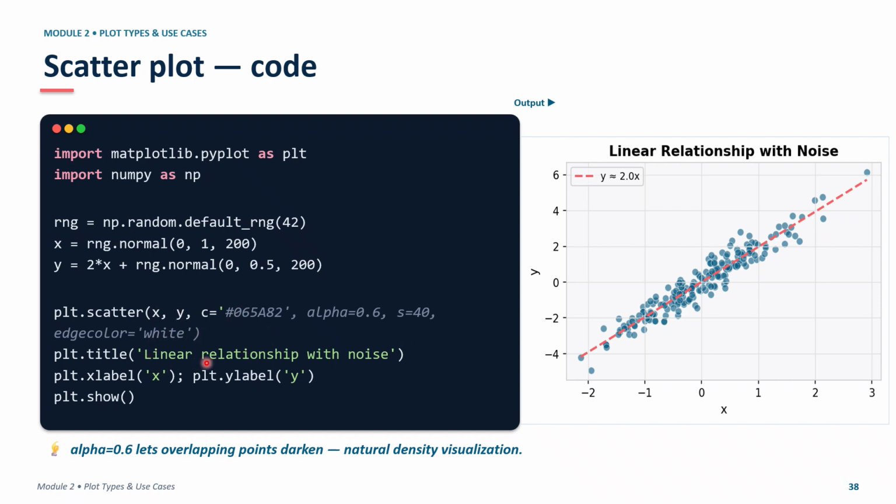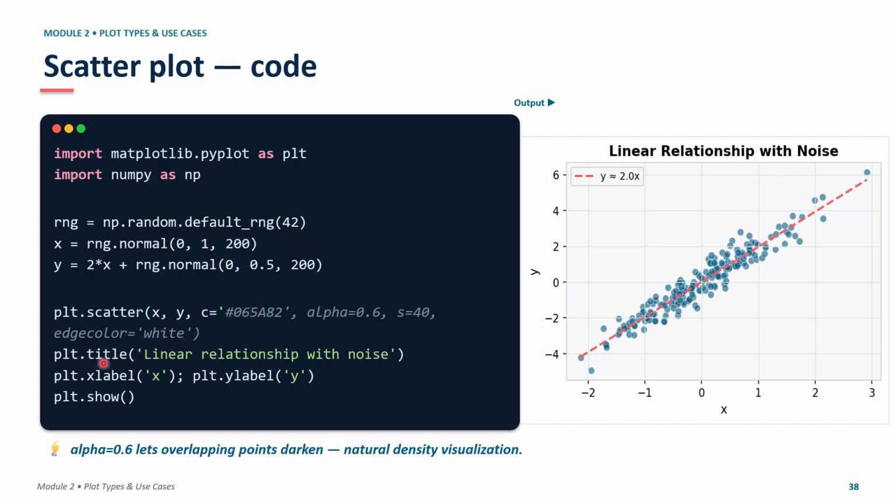The default is about 36, and the edge color is given as white. So we have given a thin white border around each and every dot. This separates the overlying dots, visually making the chart look very polished.